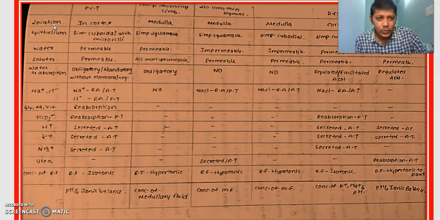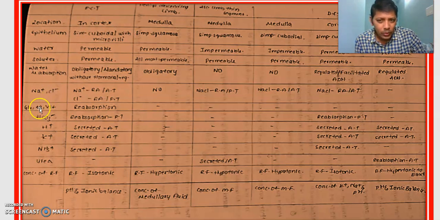Location, first one. The next one, histology. What type of epithelium is present here? Is it permeable to water, and is the tissue permeable to solutes or not? Then water reabsorption: does it occur or not? How is Na plus reabsorbed, and if it is reabsorbed, is it active or passive?